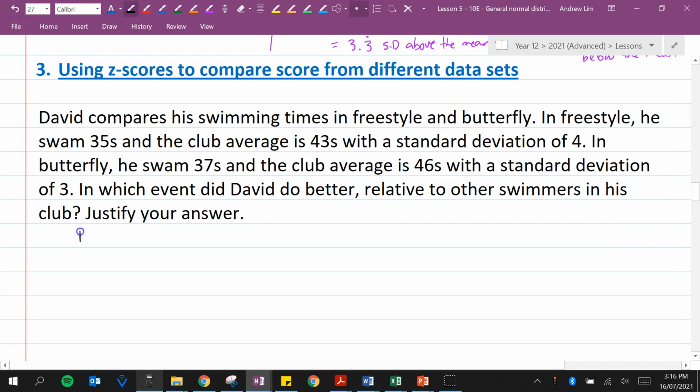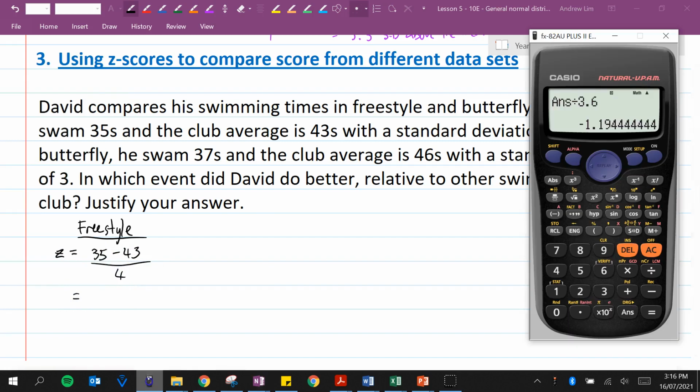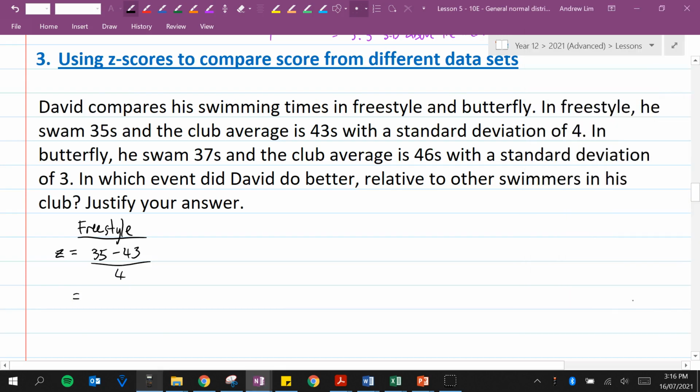So we'll have a look at this one. We'll look at freestyle. Let's work out his z-score. So we have his actual score of 35 seconds minus the club average of 43 divided by the standard deviation of 4. 35 minus 43 all over 4 is -2.